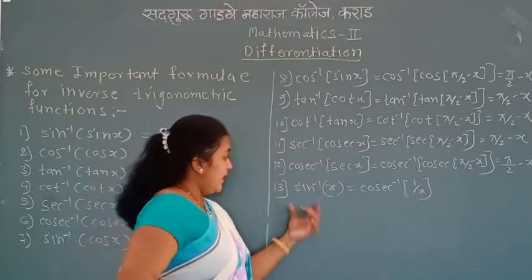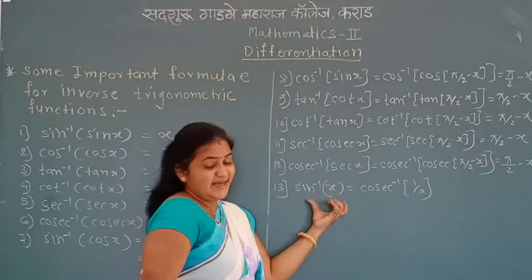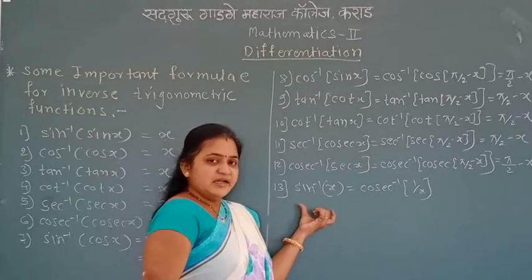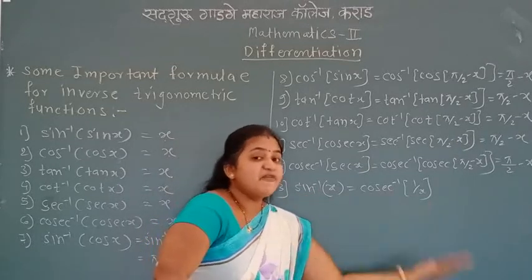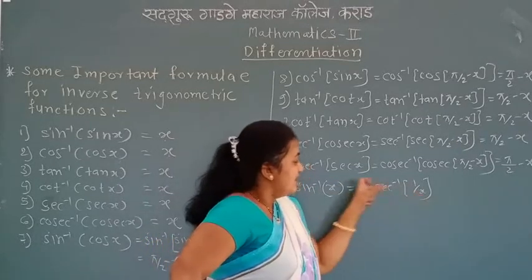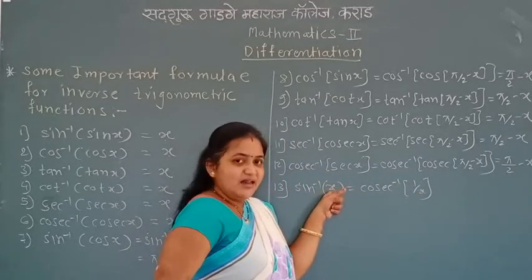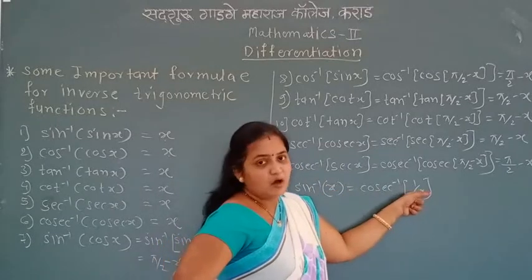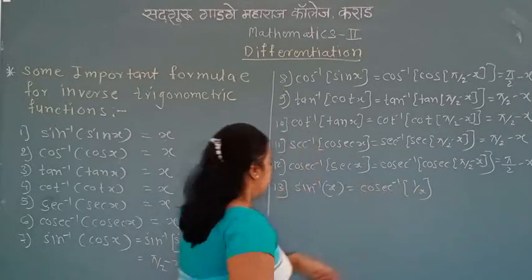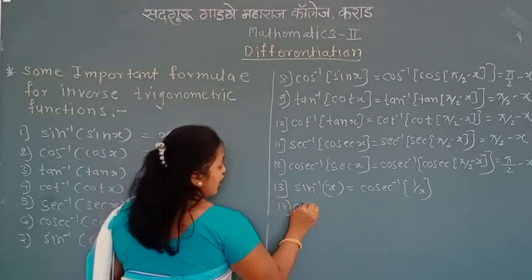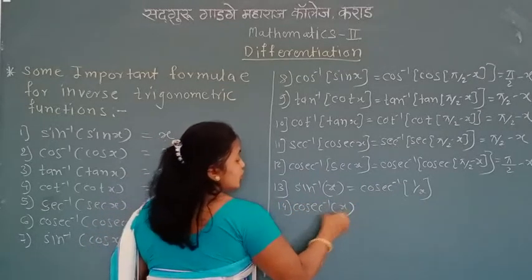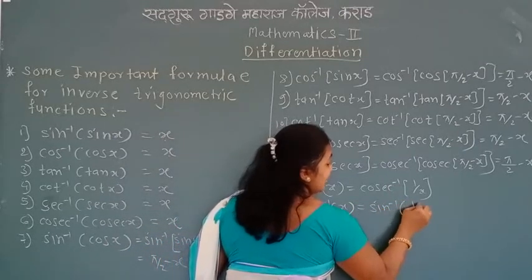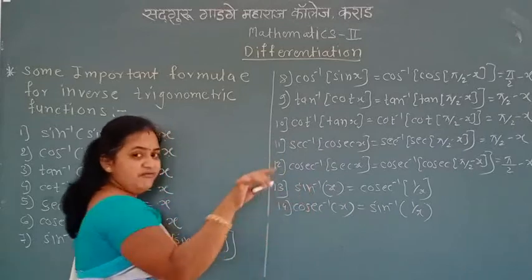Means suppose your function is sine inverse of x, and I convert this function in terms of cosec x. That time we only change the angle to its reciprocal. So when converting, we have to take the reciprocal. Suppose next, cosec inverse of x, then we have to convert it into sine inverse, so we take the reciprocal of its angle, meaning sine inverse of 1 by x.